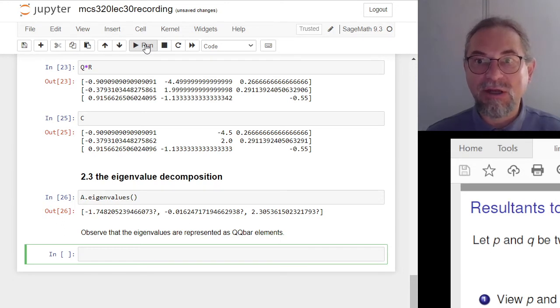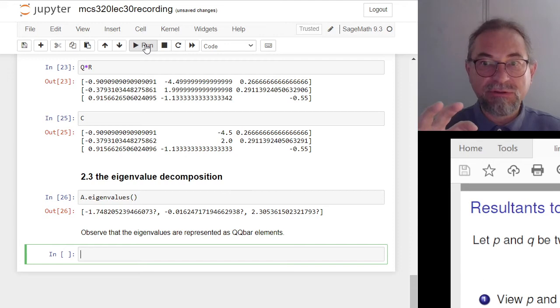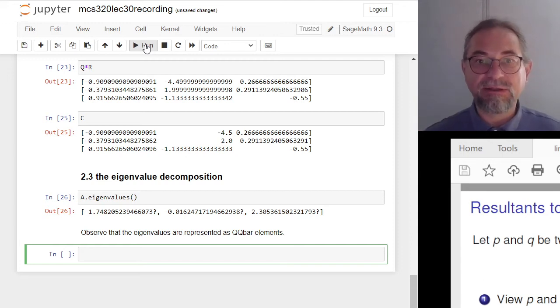So the eigenvalue computation is equivalent to the root finding problem, to computing all roots of the characteristic polynomial. SageMath automatically converted to this symbolic numeric way of working, which is convenient.